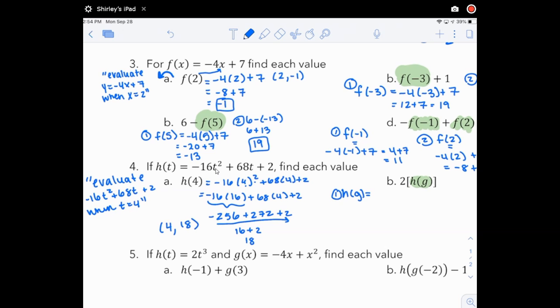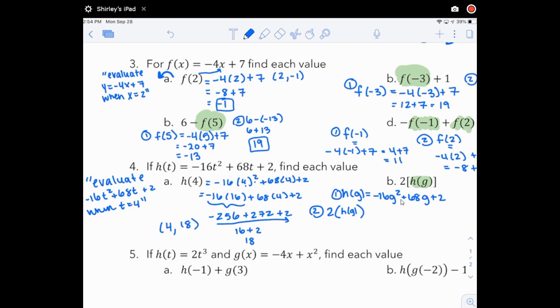So I'm going to say negative 16G squared plus 68G plus 2. Okay, so then step 2 is to take care of this 2 on the outside. This really just says take 2 and multiply it by whatever you get when you plug this in. So I'm going to take 2 and multiply it by my whole piece. Everything that's written here, I'm going to multiply by 2.